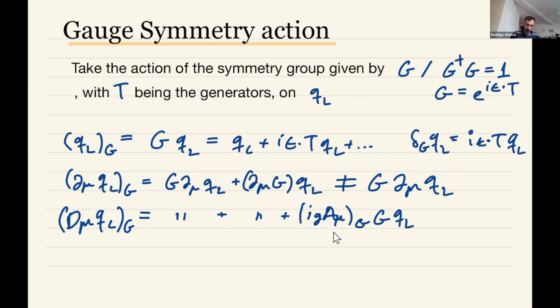And so things will transform as we want them to if the transformation of this is such that we can cancel this term and cancel that one.